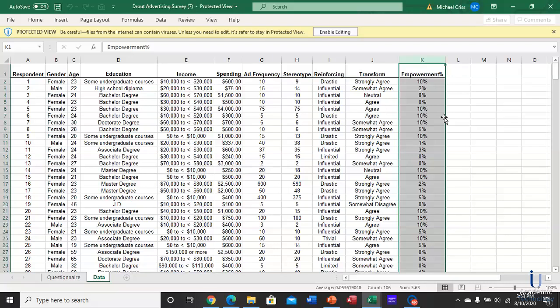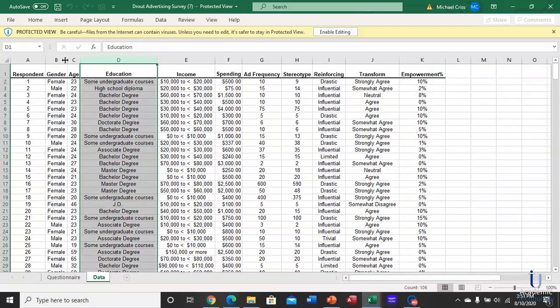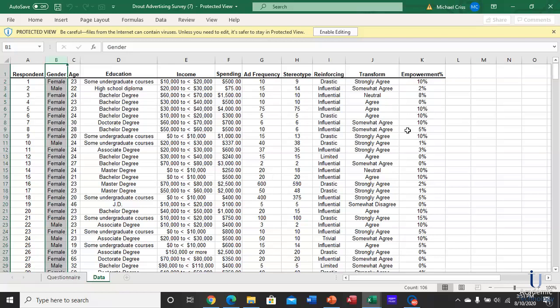Maybe you want to go into this spreadsheet and sort it by either empowerment or stereotype from high to low, top to bottom, and see if that might suggest something. Or maybe sort it by one of these other categories, say education or gender, and then eyeball stereotype and empowerment based on that sorting and see if that suggests something. So again, we're just eyeballing it and seeing if maybe that suggests something to us.